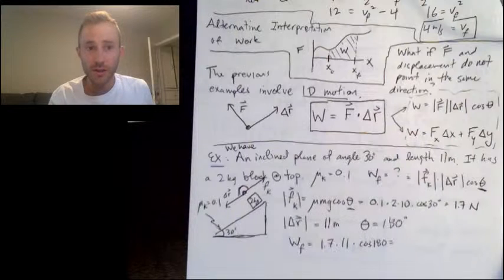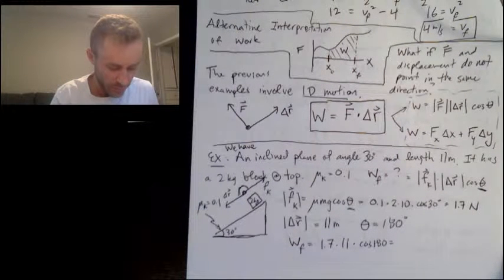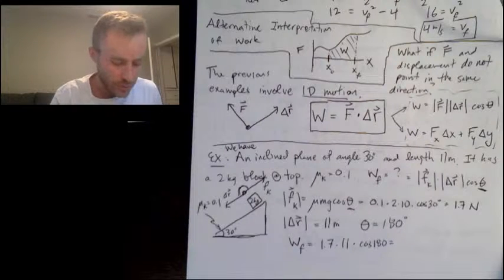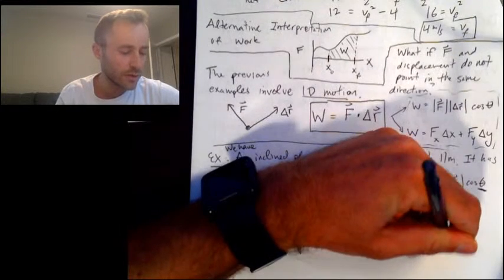Now, cosine of 180 is actually -1. So we have 1.7 times 11 times -1, which is negative 18.7 joules. That is our answer.